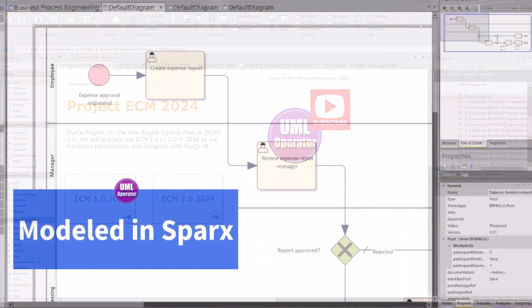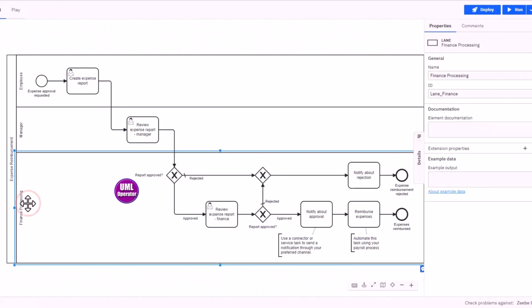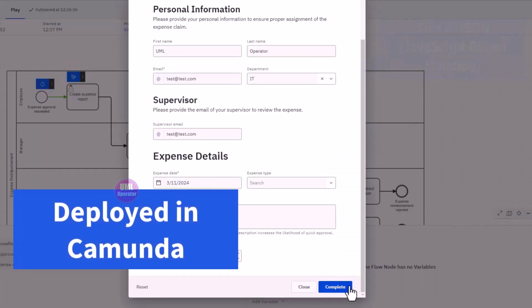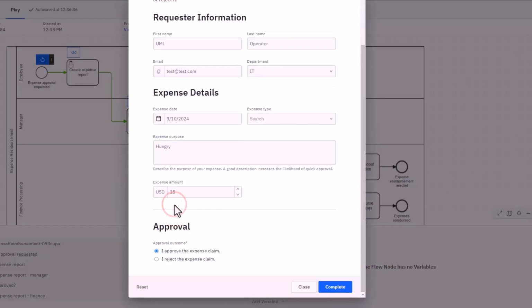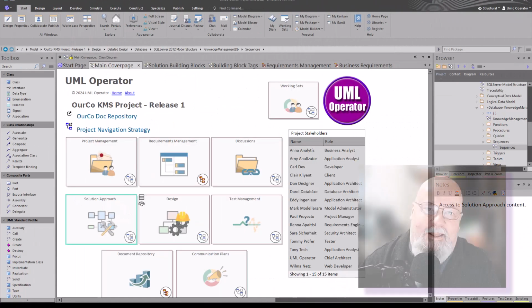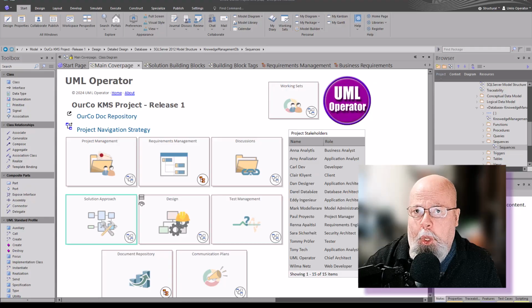CASE tools and automation. Many CASE tools depend on UML compliance for features like code generation or process validation. However, if you're working on a small project or brainstorming visually, strict UML compliance might not be necessary. Instead, focus on clarity and purpose.